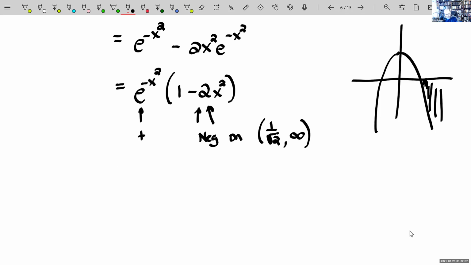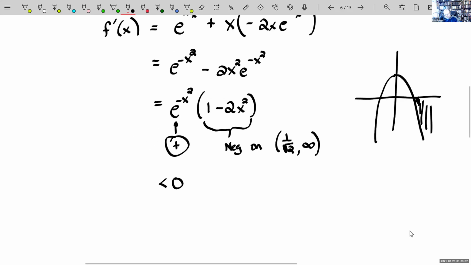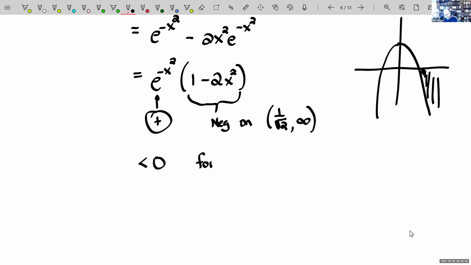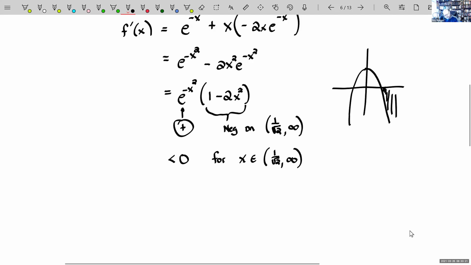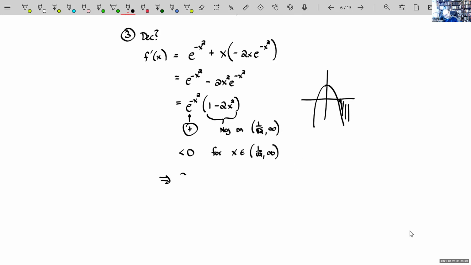And since I have a negative factor times a positive factor, I know that this derivative will be negative for x in the interval 1 over root 2 to infinity. It's eventually decreasing is what I'm trying to say. So I know that f is eventually decreasing.